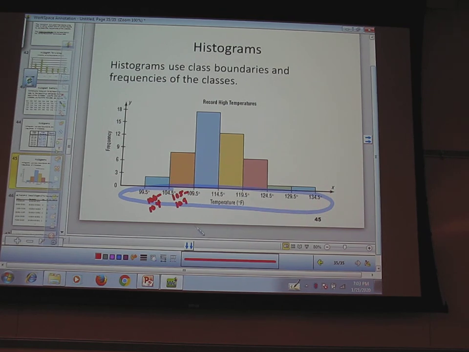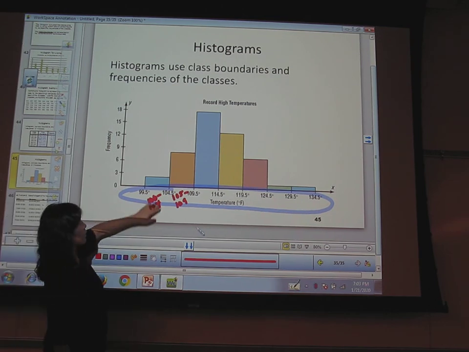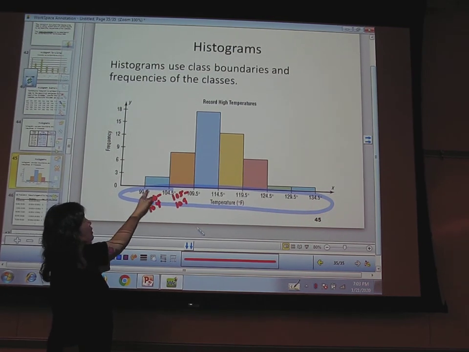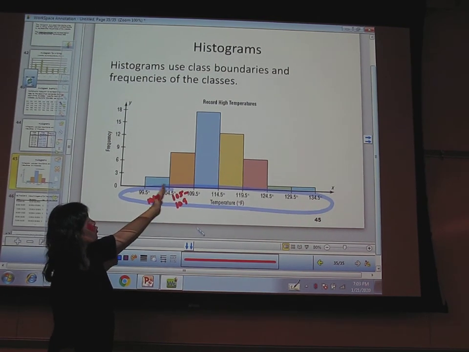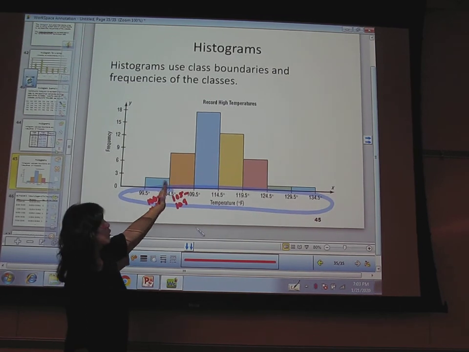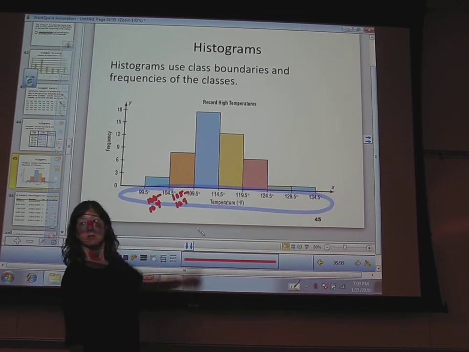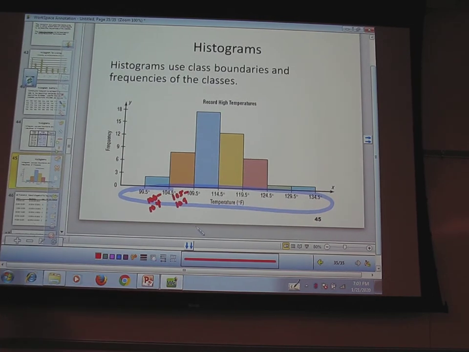That's why I just do the boundaries. You can do either one. Notice, if you do it with the boundaries, they should be on the edges, from here to there. Those should be the edges of this box. Good. So either one's fine, depending on how you want to do it.